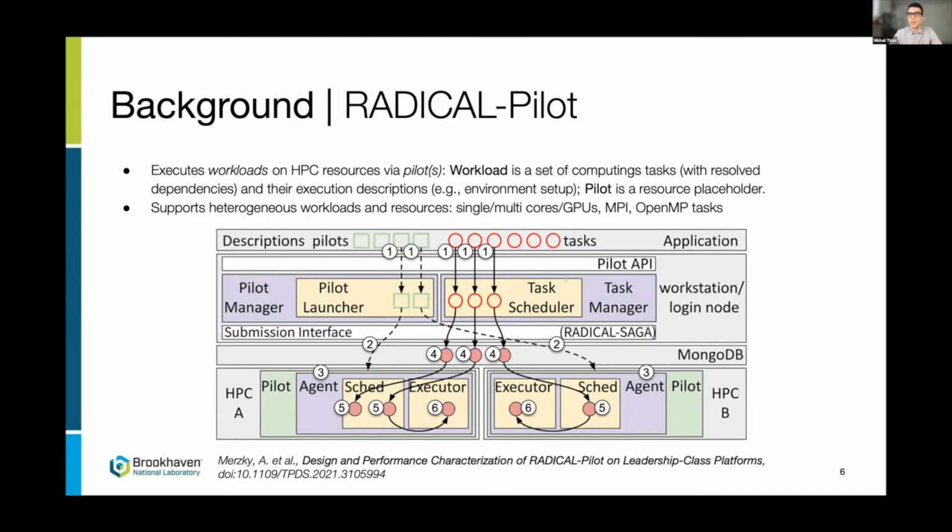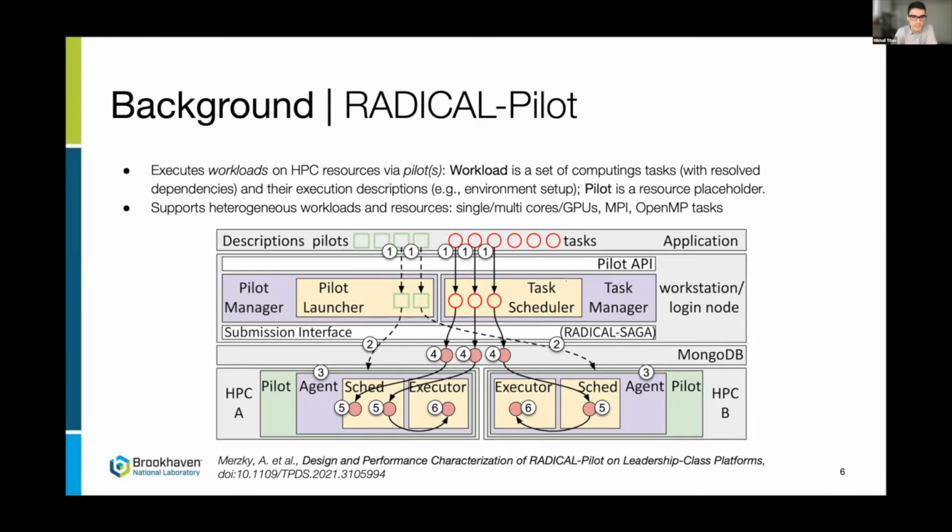It sits in a batch queue, and when it is actually submitted for execution, the tasks are pulled from our communication layer, which here is MongoDB. RADICAL-Pilot has two main components, the client side and the agent. On the client side, tasks are submitted to the agent through MongoDB, through this communication layer. Thus, when the pilot starts execution on an HPC platform, the tasks are pulled from MongoDB and the execution starts.